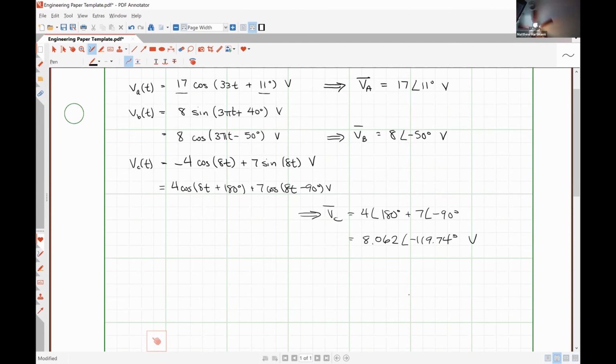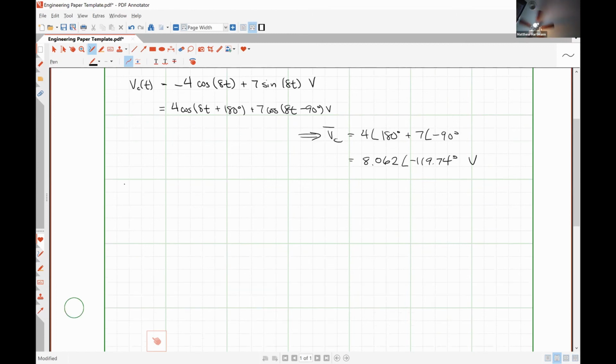Excuse me, quick question. Yes. If the frequency is different, we cannot combine them, right? Yes, if the frequency is different. So if we had these two signals with different frequencies, they cannot be combined.